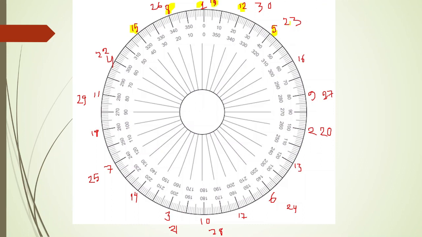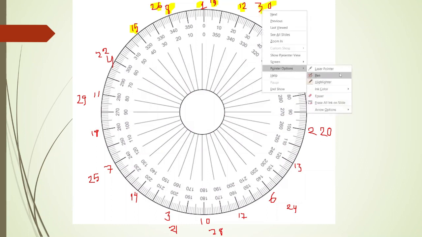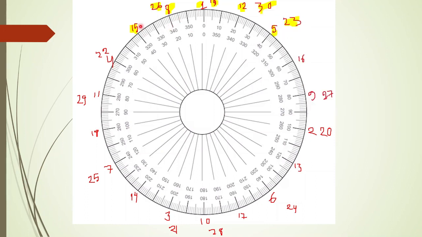Next is 23. This is 23. Next is 26. This is 26. And next is 30. So this is our 30. So you can now see that from 15 to 30, the residues that we have given, all of them were in that option and all of them fall in a single region of that circle.